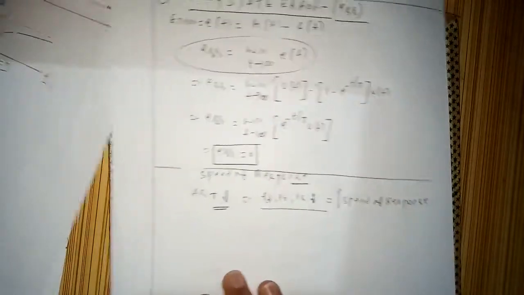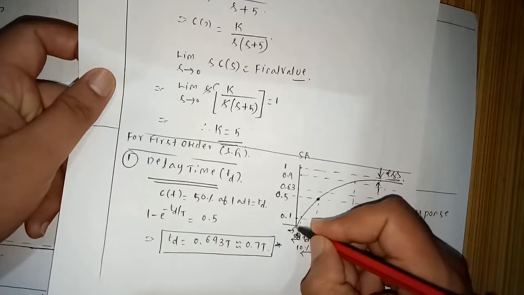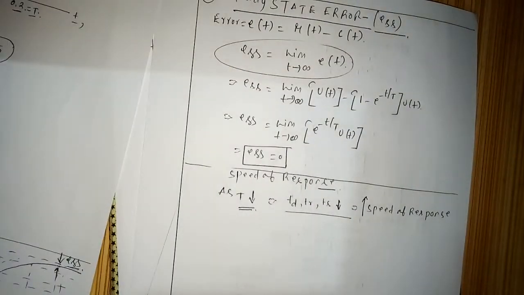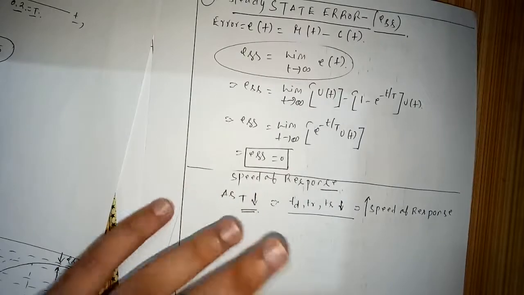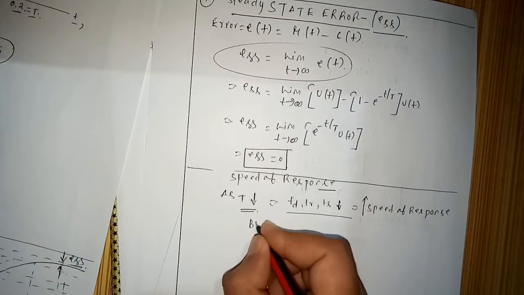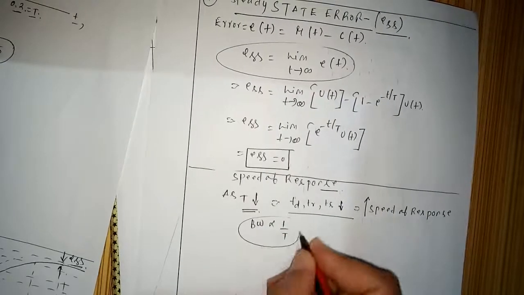With increased speed of response, the curve will go like this. But while speed of response has increased, as the time constant decreases, bandwidth also increases. Bandwidth is inversely proportional to T, right?